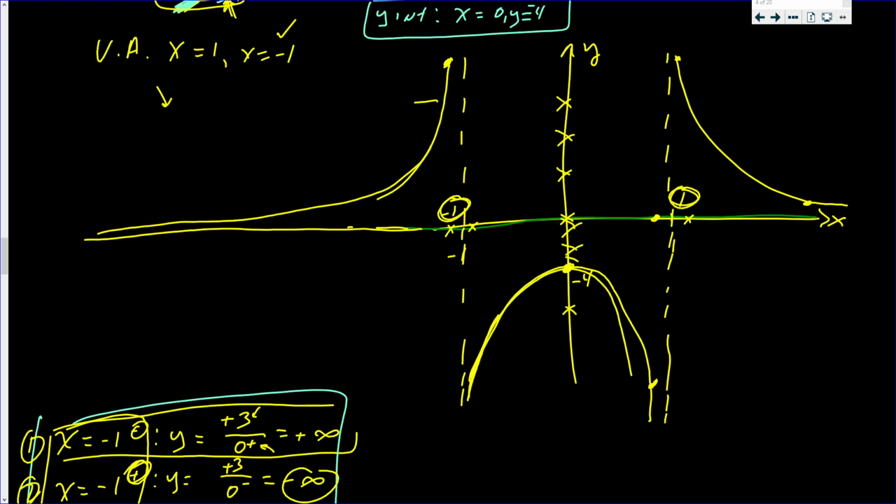Everywhere on this line, x is 0. I know it is because if I take this point and look down to the x-axis, I see 0. This point when I look up, I see 0. Here's your graph. Let us try another one.